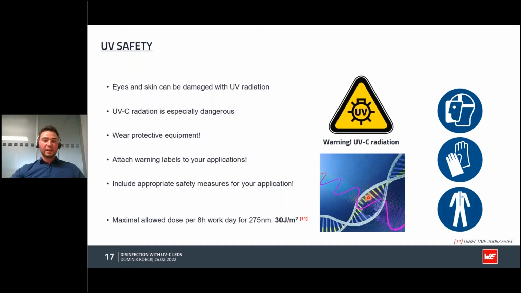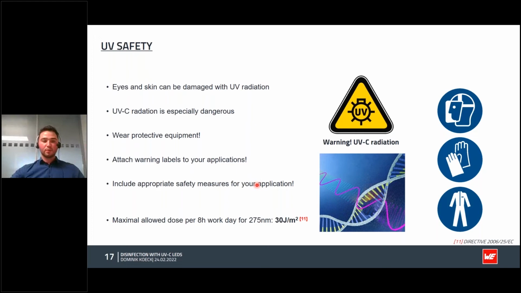Therefore, it's really important to be safe when working with UV light, and especially UVC, and to have the appropriate safety precautions, like protective equipment. If you use UVC LEDs in your application, you want to shield the application completely so no light gets out of it. And if you have this application for some customers, you need to introduce special safety measures so they can never be exposed to UVC light.